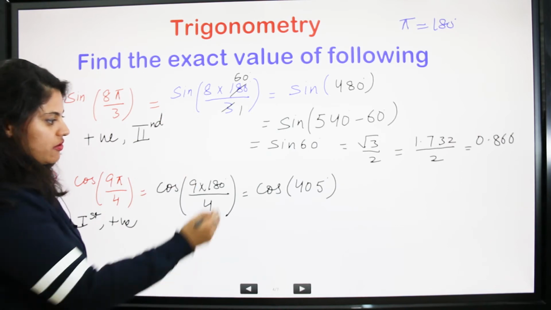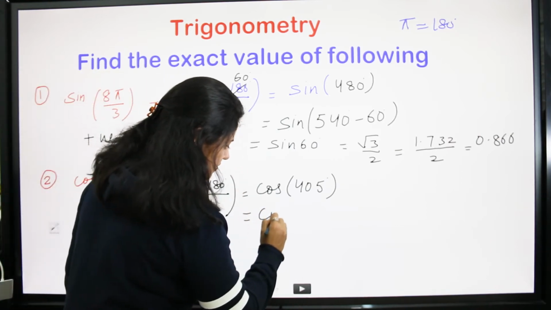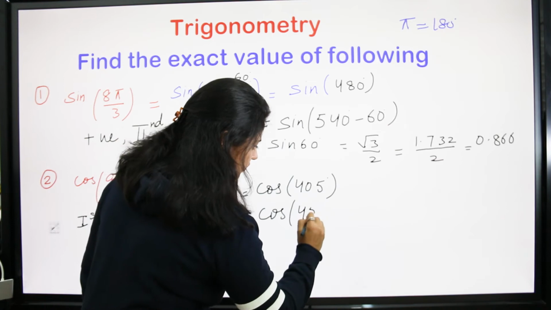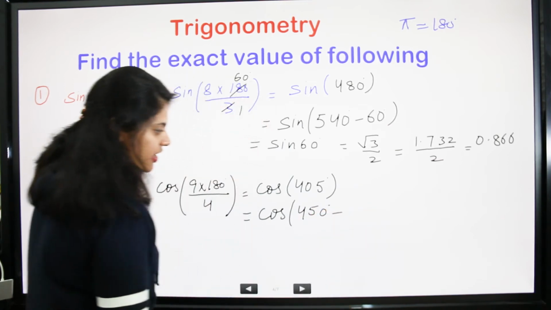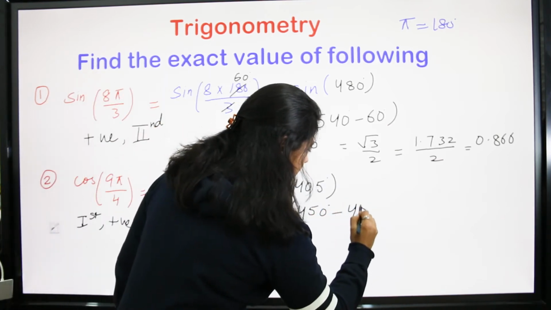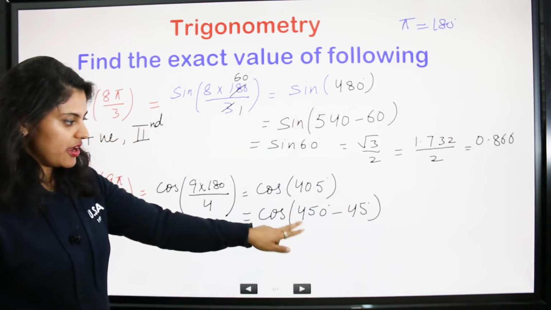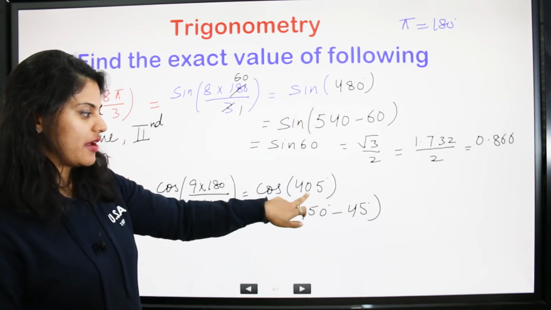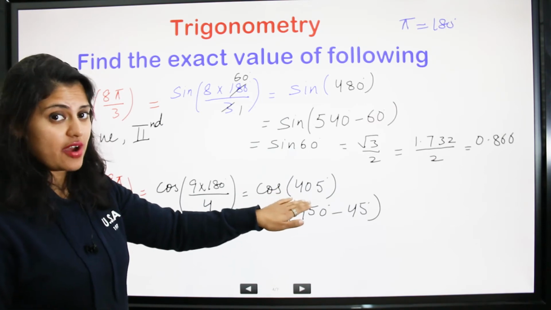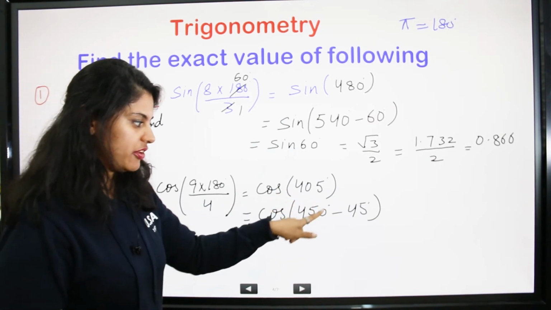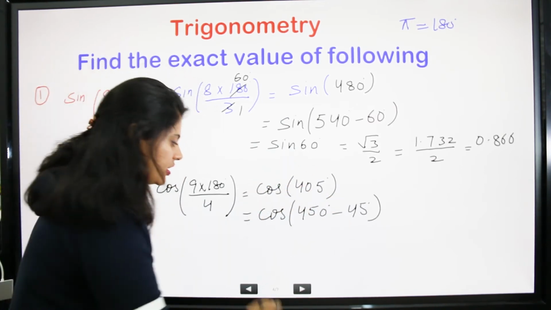Okay, so now it's time to write this as cos 450 degree take away 45 degree. If you take away 45 from 450, that will give you the exact 405. Okay, so 450 take away 45 is 405.